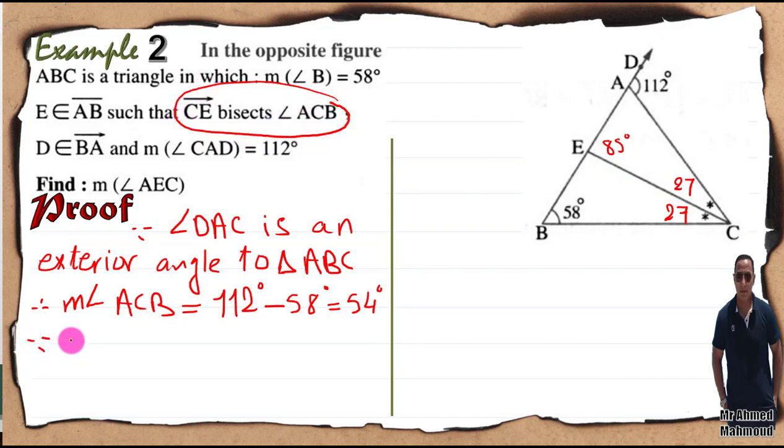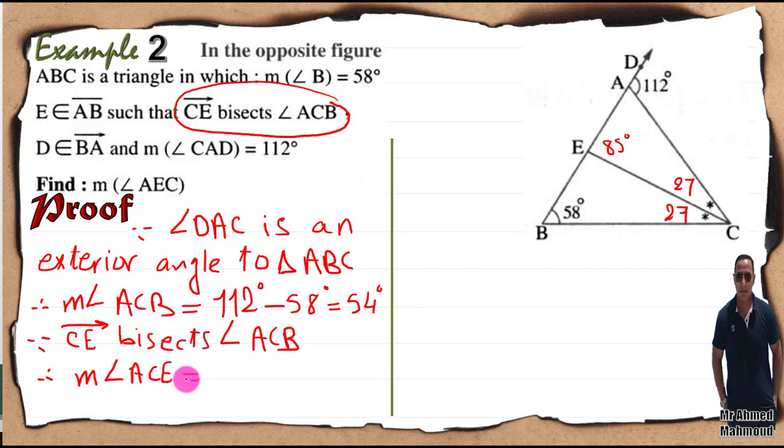Since CE bisects angle ACB, therefore measure of angle ACE equals measure of angle BCE equals 54 over 2 equals 27 degrees.